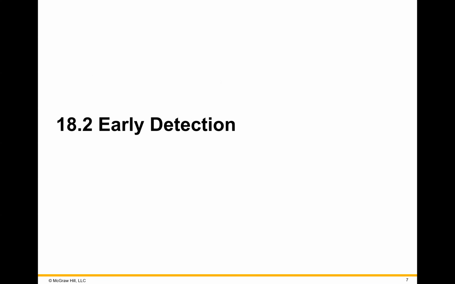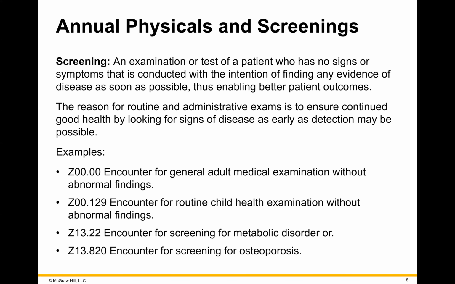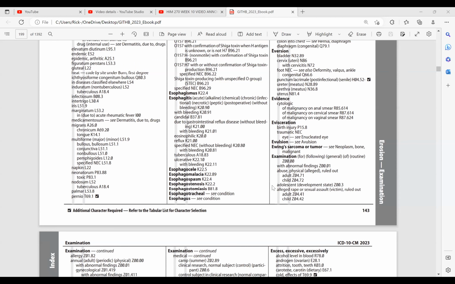Another main term that we'll take a look at deals with early detection, and that is physicals and screenings. So we can find things under encounter, but another one I like to use is examination or exam or screening. Let's take a look at those. And here we are, starting on or about page 143.